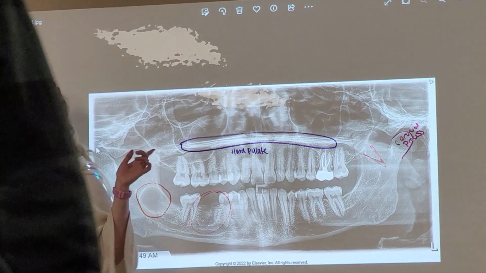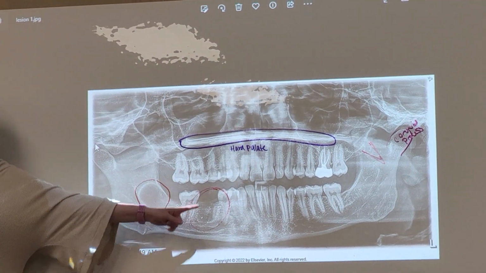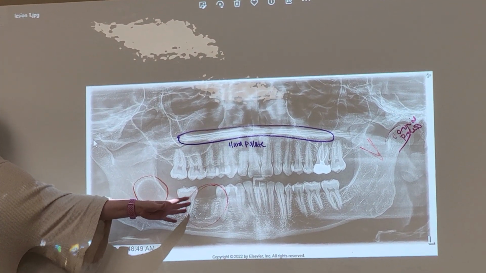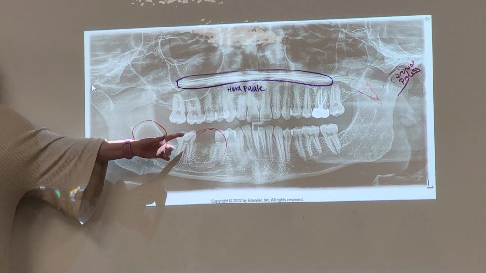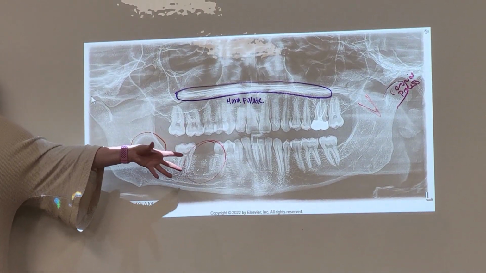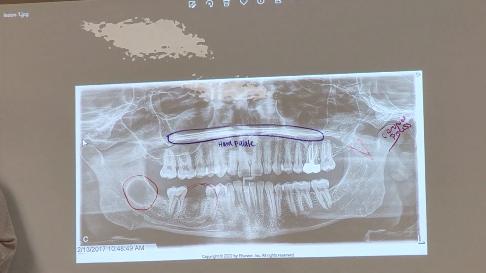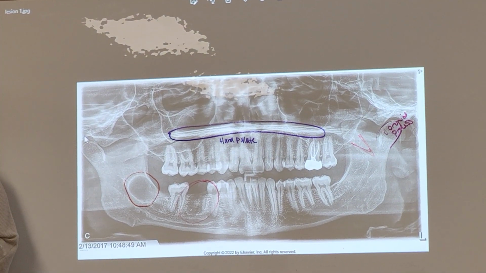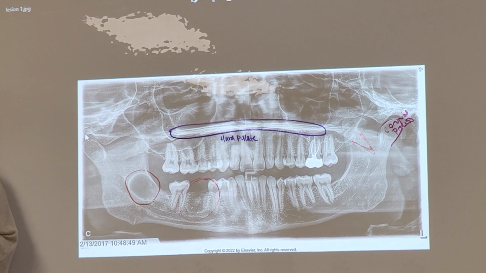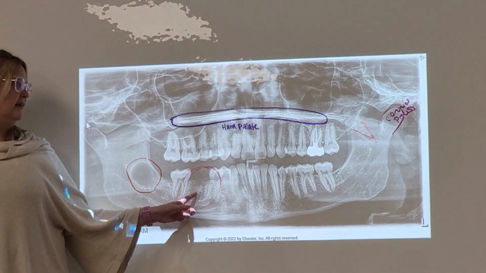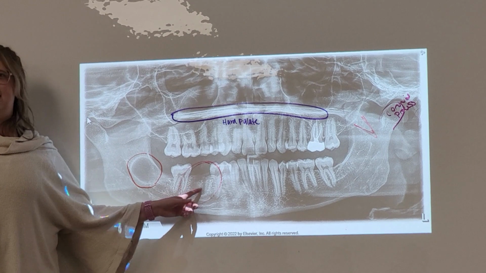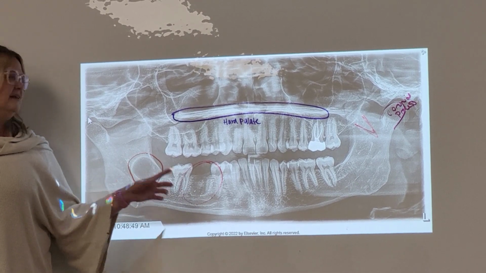This that they circled right here, I've seen that a lot of times, sometimes after extractions. I almost wonder if it's kind of the opposite of a focal, like maybe it doesn't fill in as much as the sclerotic bone does, and so you almost have this space which would have been in between the two roots.